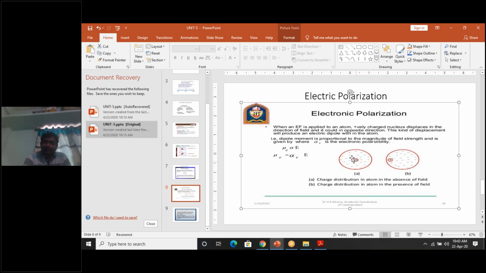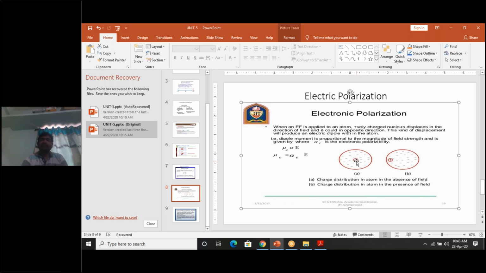Like that, even though the negative charges are distributed throughout the volume of the atom, the entire negative charge appears to be concentrated at a particular center point. This point is called the center of negative charge. Here, the center of positive charge and the center of negative charge coincide with each other. At the same place where plus is, minus is there.